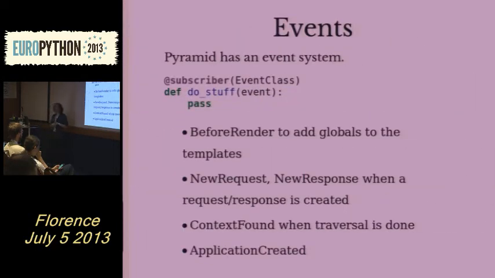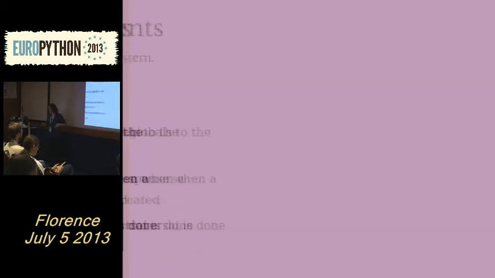Pyramid has a concept of events, which is just that at some point of the application an event is thrown, and you can add a subscriber to execute some code at that point. There are events just before the rendering of the template is done, on your request, on your response, when the application is created, and when the context is found with traversal is done, but I'm not going to spend time on that.